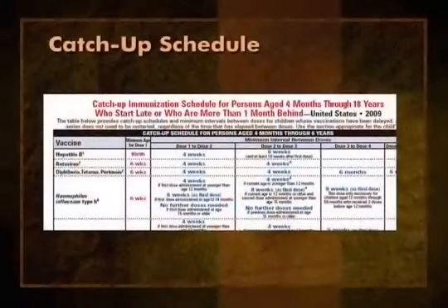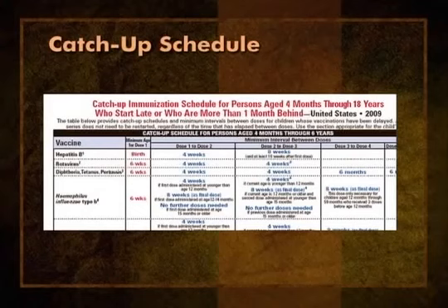You can use the catch-up schedule to figure out how many, if any, additional doses of Hib vaccine a child may need. Here is the current catch-up schedule published in January in MMWR. If you have a copy of it handy, please get it out now. This part of the catch-up schedule tends to confuse people, so I'd like to work through an example with you.